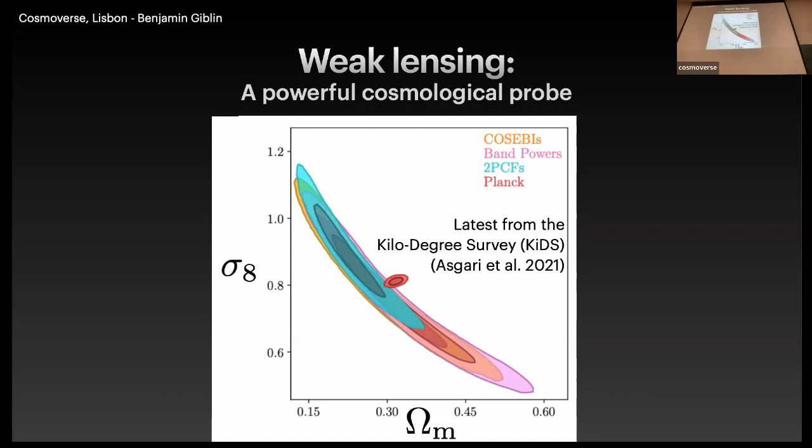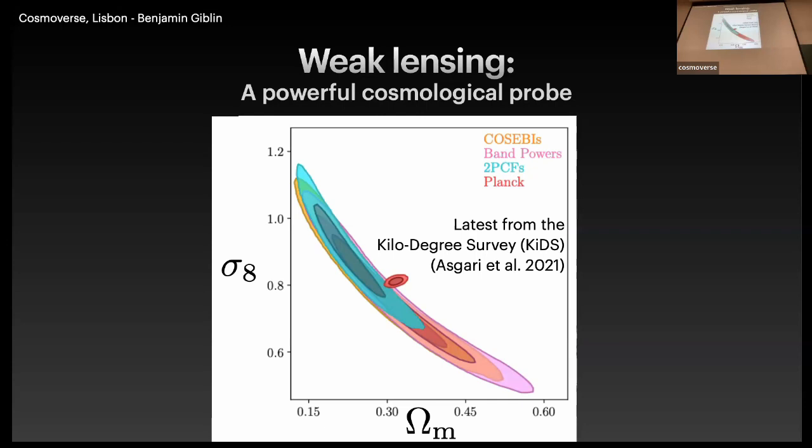These are the results from the most recent cosmic shear analysis from the Kilo Degree Survey, or KiDS. So you've got the constraints on the matter energy density in the universe and the amplitude of the matter power spectrum. And these three banana-shaped contours all come from weak lensing. They are the shear correlation function and then two different transformations of that statistic.